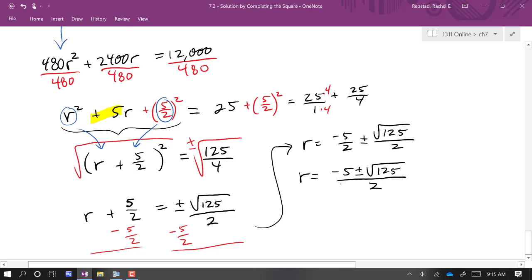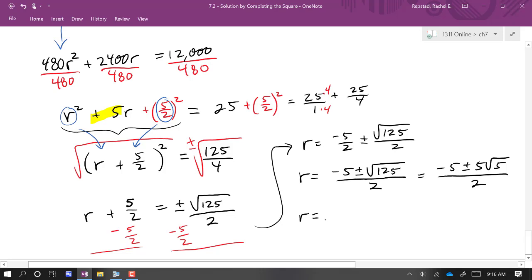At this point I might just approximate, but I would be remiss if I didn't mention that if we wanted a simplified radical, 125 is 5 cubed, so you could rewrite that as minus 5 plus or minus 5 root 5 over 2.